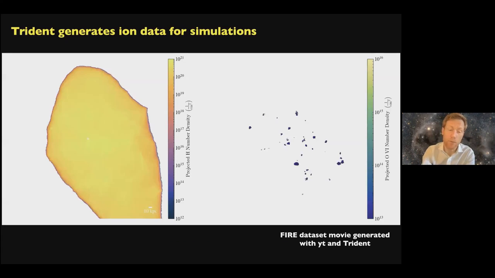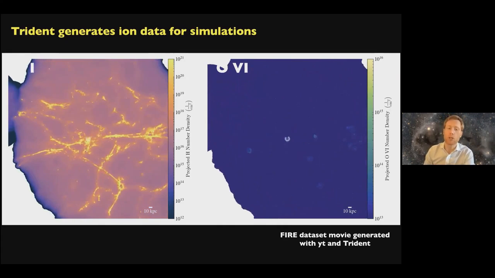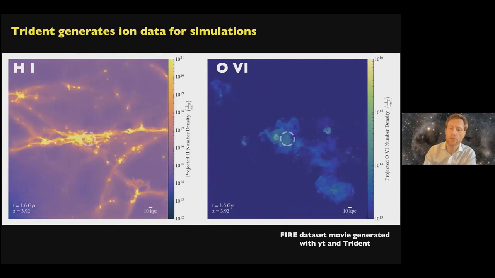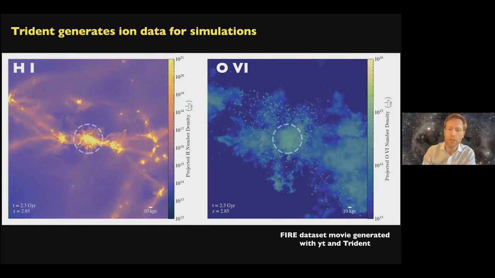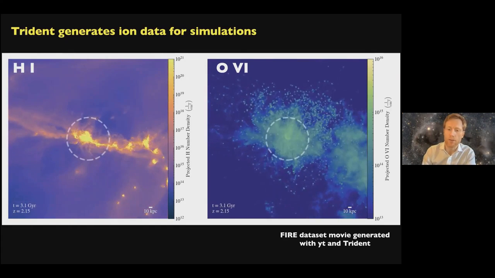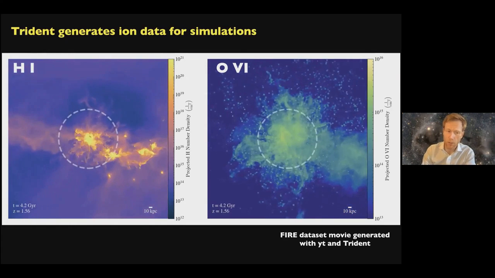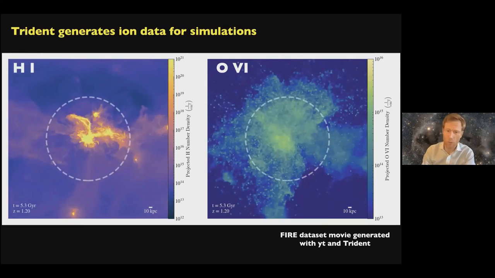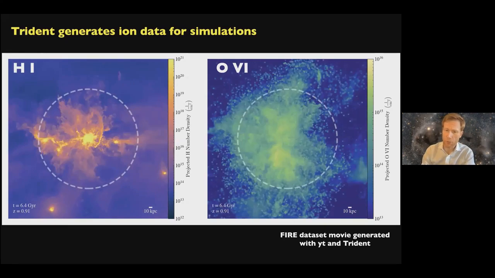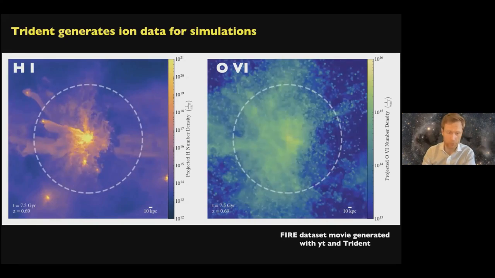Okay, and then from that, making a similar video showing H1 on the left and oxygen 6 on the right, and showing the evolution of these two different phases, which is more akin to something that we might be able to see with observers, as opposed to an abstract quantity like temperature.